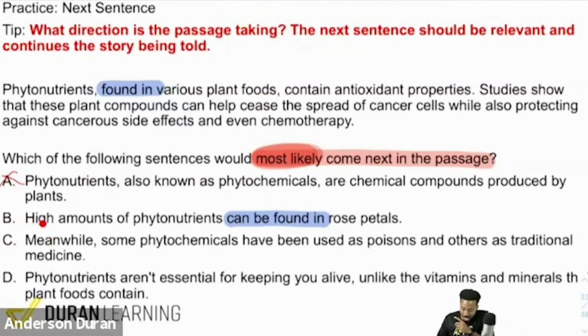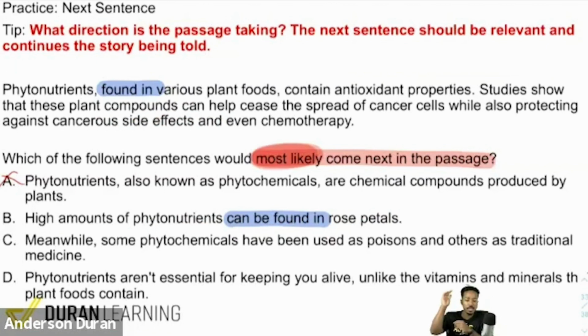We're saying high amounts of phytonutrients, and it says various plant foods. This is being a little more specific. Rose petals. So notice we have the initial definition, what it contains, the benefits of what it contains, and where we can find a lot of this. Notice how this continues the passage in a better way.